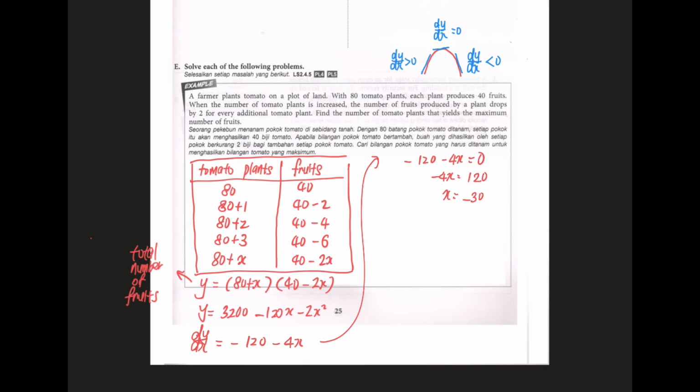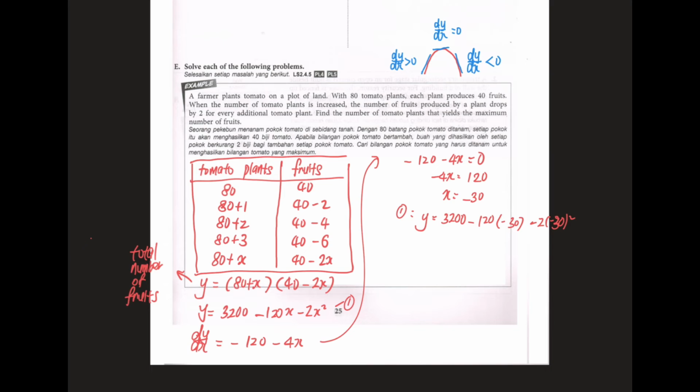Okay, now of course, let's check. We want to double check whether this is maximum or not, or we find y first. We take this as equation 1. We find the y: 3200 minus 120 times minus 30 minus 2 times minus 30 squared.